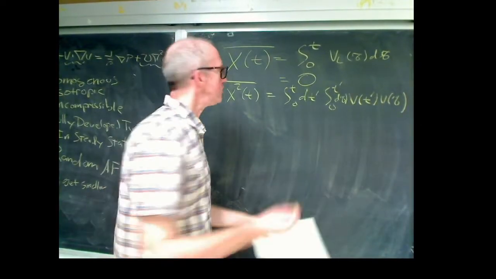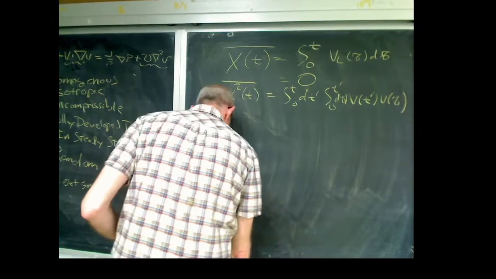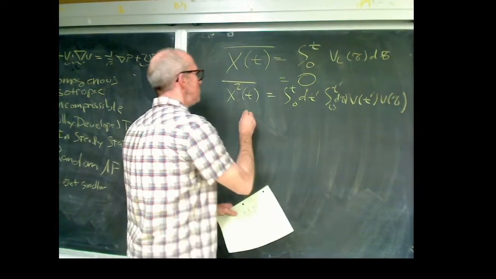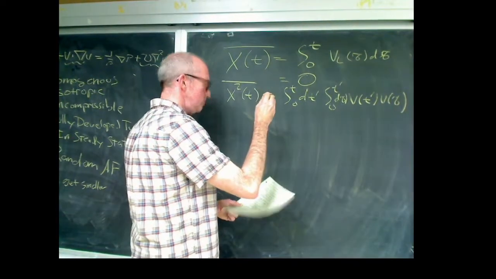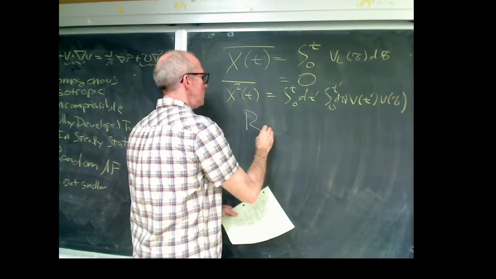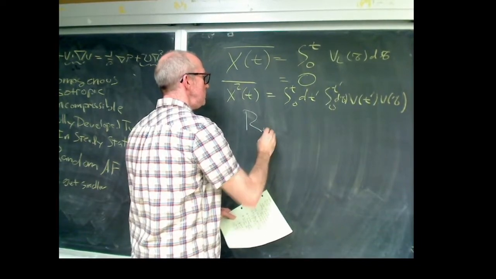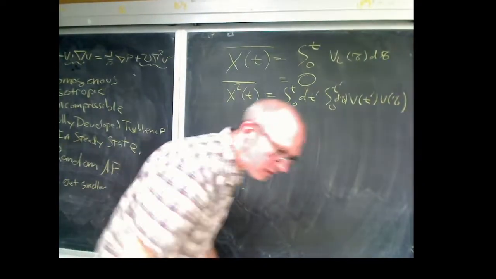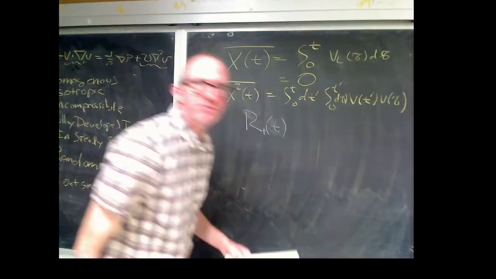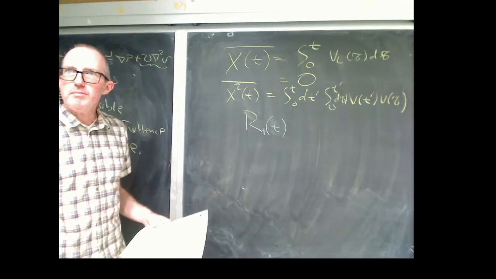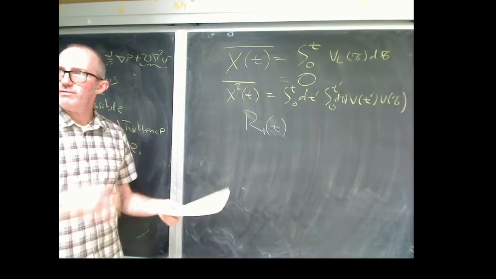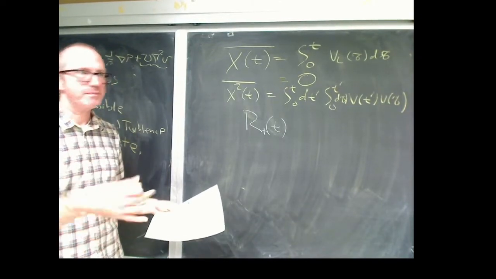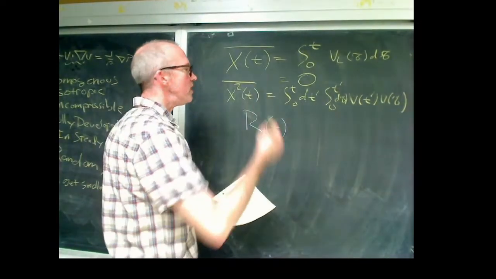This is another correlation function. I'm going to define another correlation function, R of t. This is the time correlation. It's going to be a different function than the space correlation, but have the same basic properties. It's going to fall off over some time. It's going to look about the same.